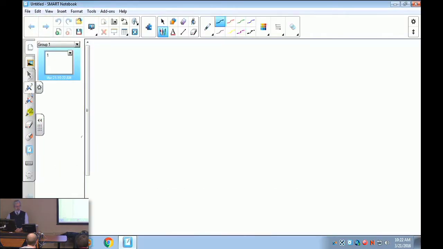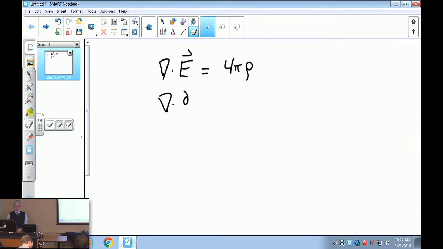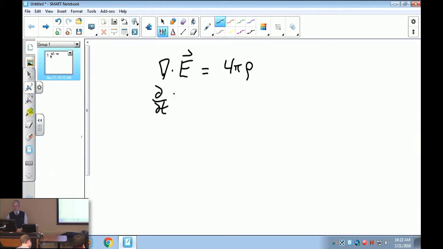Okay, so recall that the divergence of the electric field is 4 pi rho. That was Maxwell's first equation. Now let's take the time derivative of both sides.